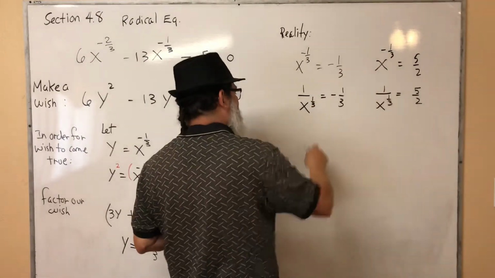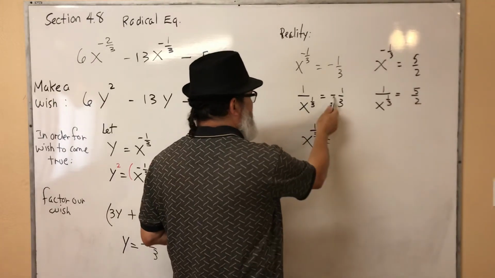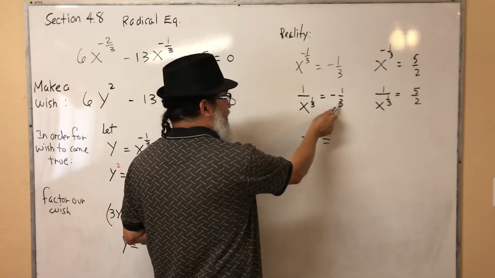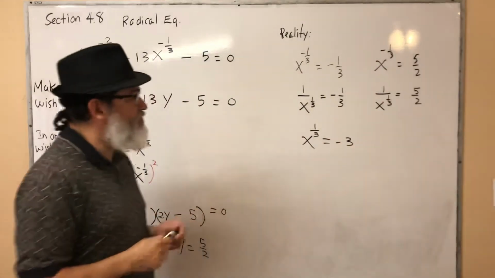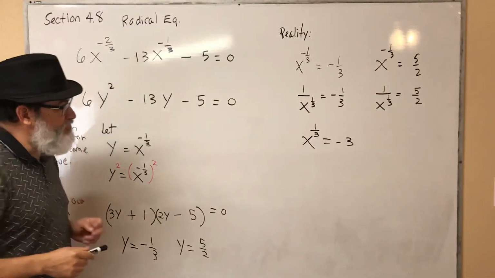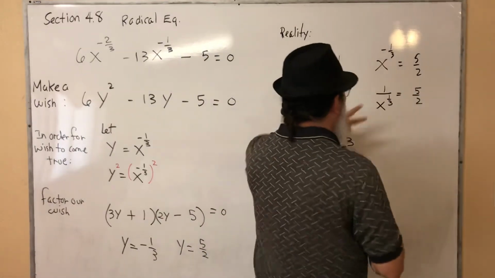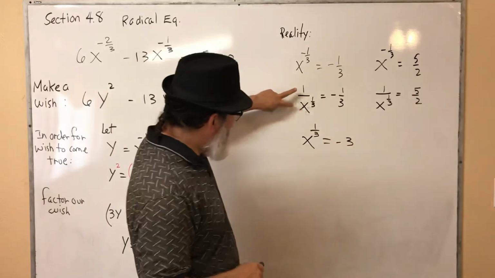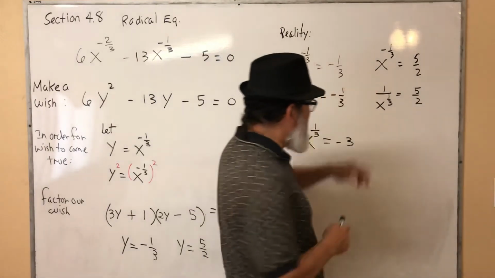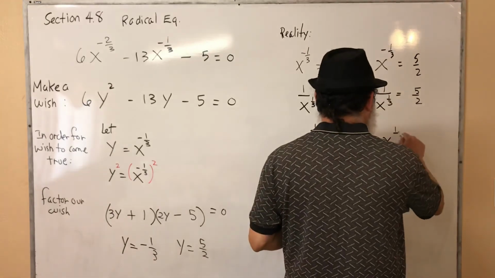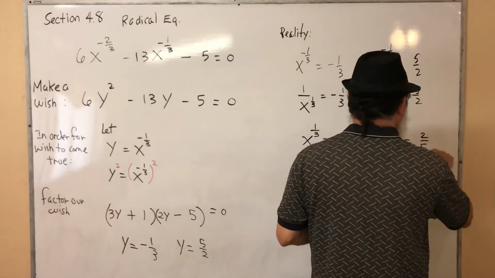So x to the 1/3 equals, I'm going to take this negative, put it there. Negative 1 times 3 is negative 3. Cross multiply, you could do that if you want to. Or you just flip them over, that's another way. Flip it over, and flip it over. x to the 1/3 equals 2/5.